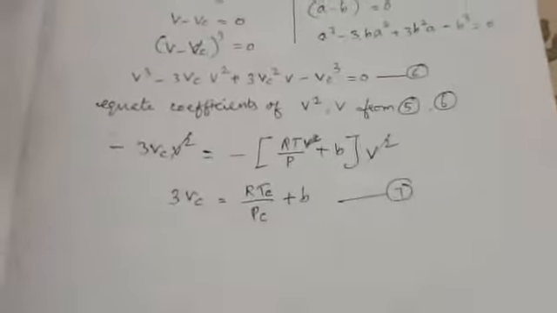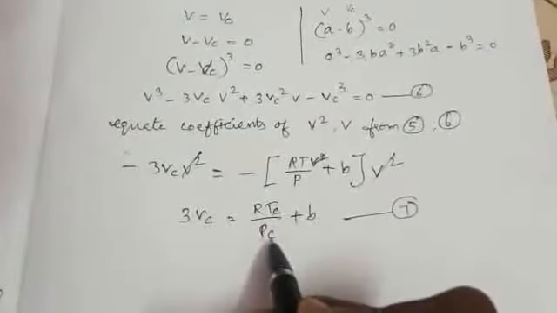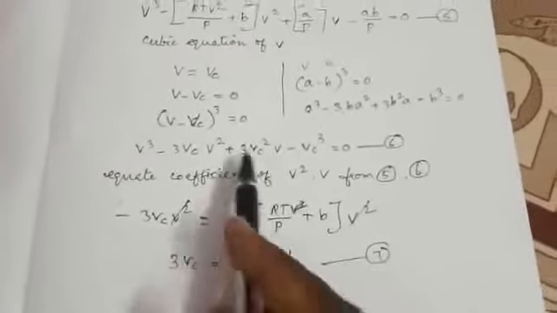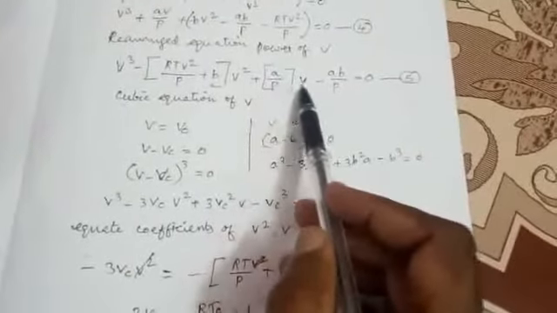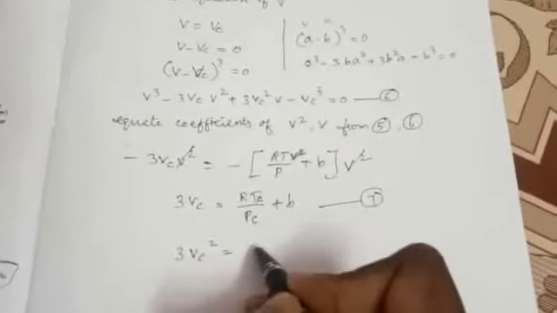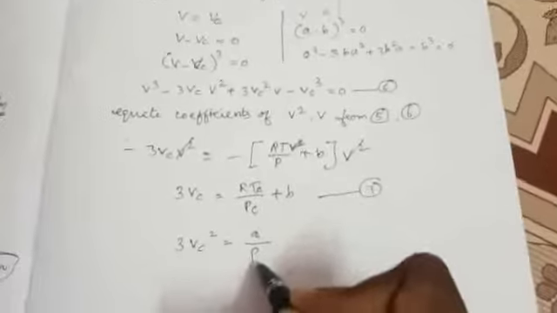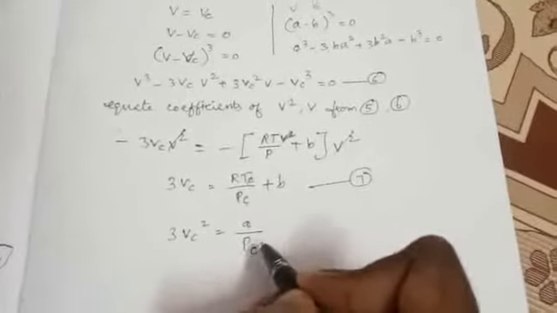Equation number 7. So critical volume, critical temperature, critical pressure. Next coming third term, 3Vc squared V. Here A divided by PV, V cancel means remaining 3 Vc squared equal to A divided by P. So pressure, critical pressure means Pc.